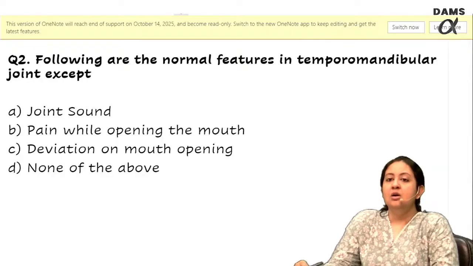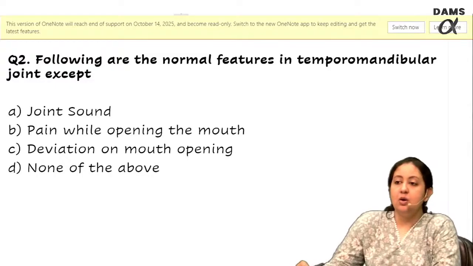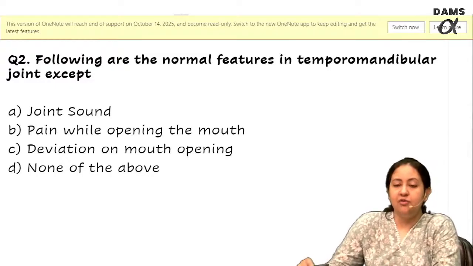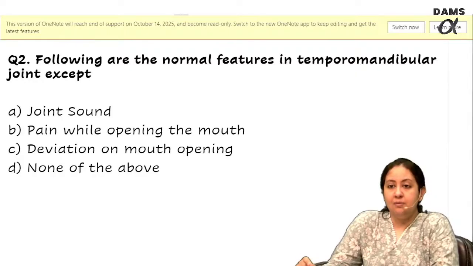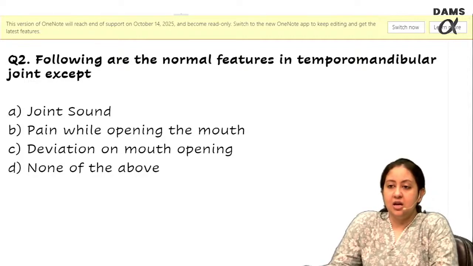So what is happening in patients who are predominantly using one joint over the other for chewing? Suppose a patient predominantly chews from the right side. The right TMJ is getting loaded more in comparison to the left TMJ.